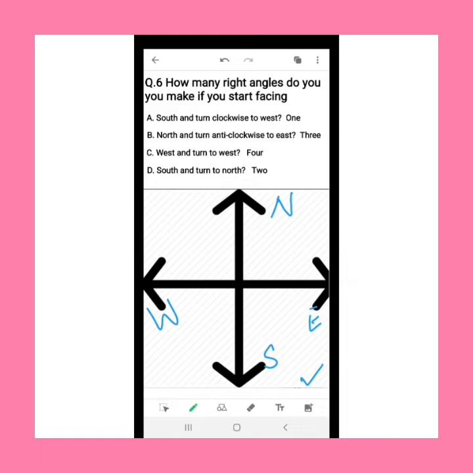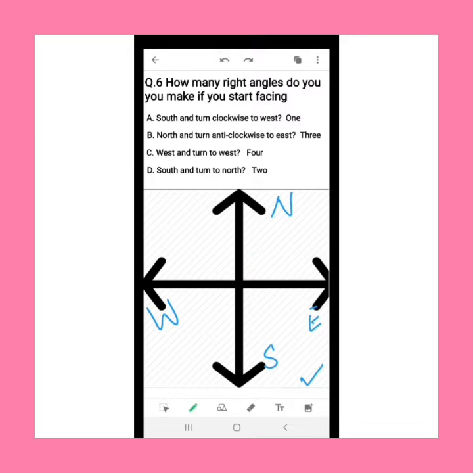Always remember a right angle means it is making an angle of 90 degrees like this. So this is 1, the another one, then 3, then 4. So as you can see here, 4 right angle movements make one complete revolution. So we have to see how many right angles our movement makes.